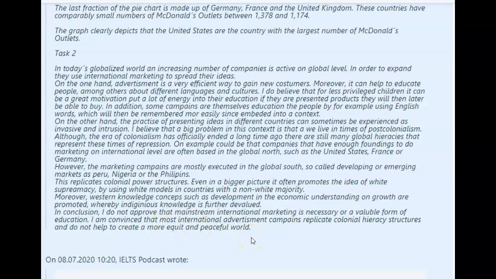Okay, so the first thing I want to talk about is your paragraphing. It's important when you're aiming for a good band score to have very clear paragraphing, and the best way to do this is to leave an entire line between your paragraphs. You didn't do it anywhere here. Here it was okay because it was very clear where your paragraph ended because there was a space. Here it was clear, but then here it just became very confusing.